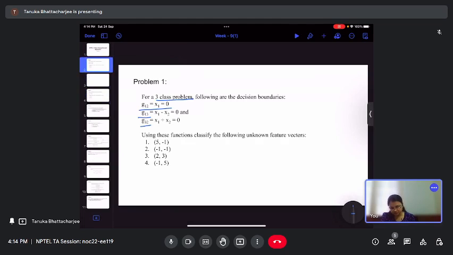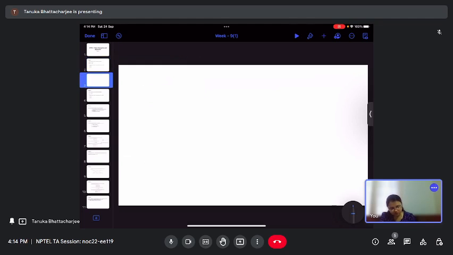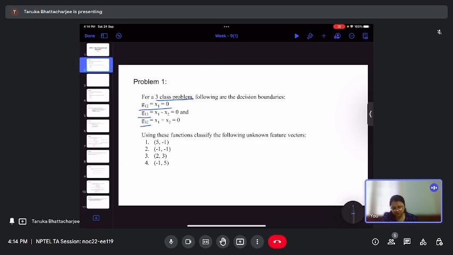As I said, this is a 2D feature space. So we will have, let's say, x1 along the horizontal axis and x2 along the vertical axis. Now the first equation, G12, the decision boundary between class 1 and 2, is given by x1 equal to 0.